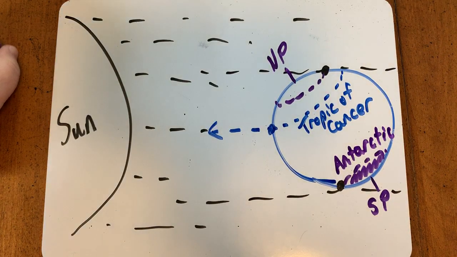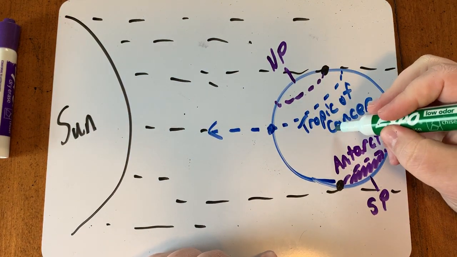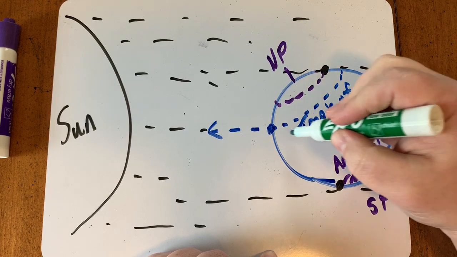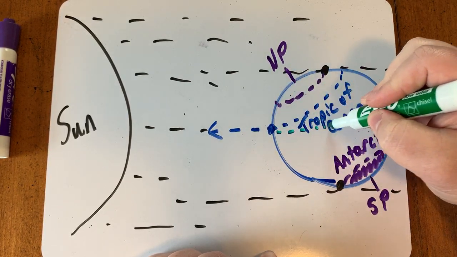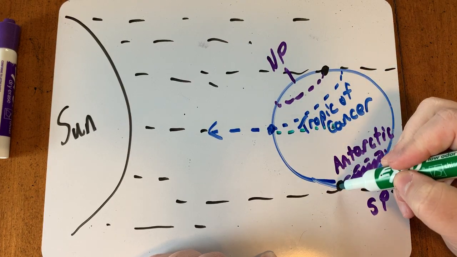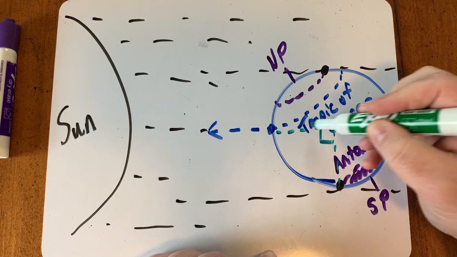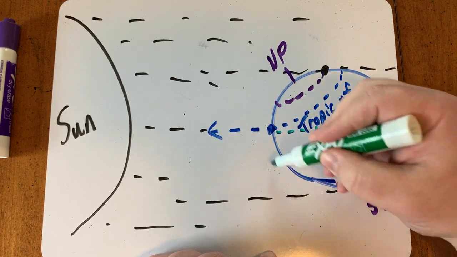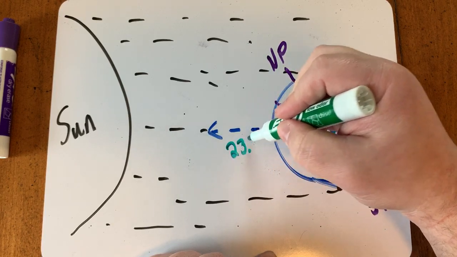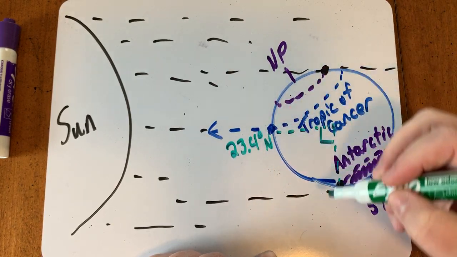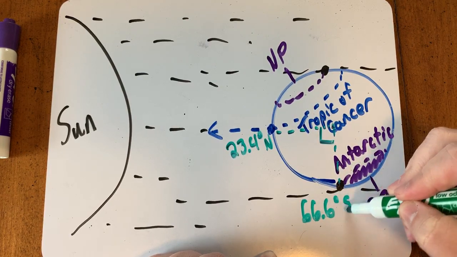And this should make sense because that's our center. This point that's closest and this point down here, those radii would make a right angle. This is a quarter of a circle. Well, this was 23.4 degrees north. This was 66.6 degrees south.